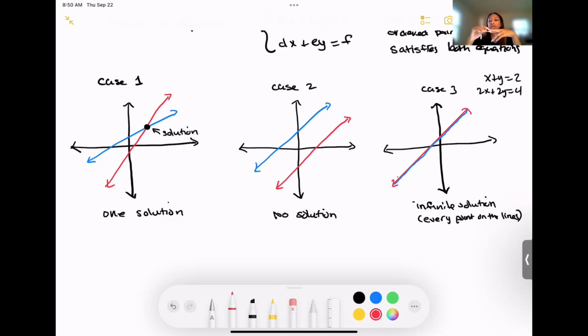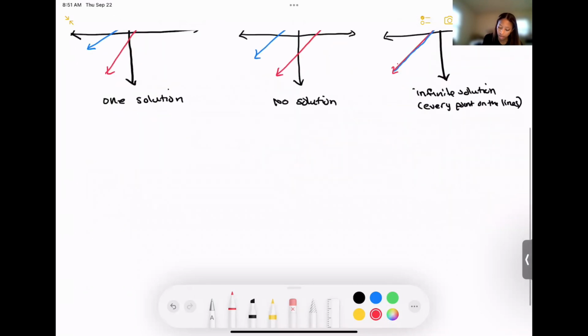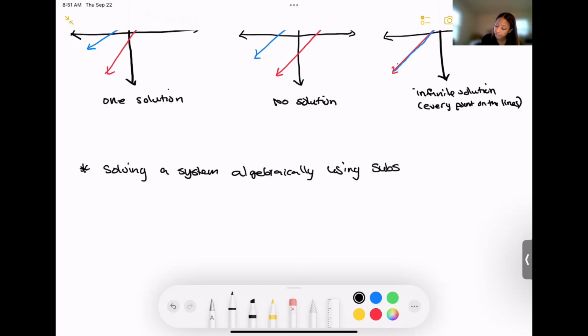One is called the substitution method, and one is called the elimination or addition method. Okay, so we'll start off with an example solving a system algebraically using substitution.